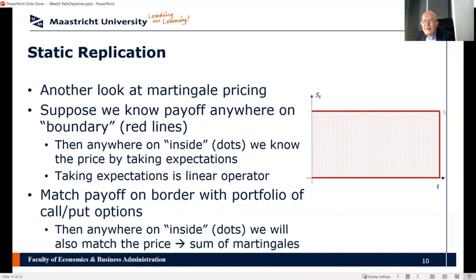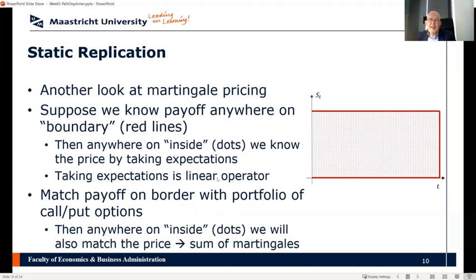I think it has to be a convex shape. So if it's kind of a convex region, then if I know the value on the outside, then because I'm doing martingale pricing and I'm taking expectations, the martingale property basically gives to me what the value of the contract will be along all the dotted values on the inside.